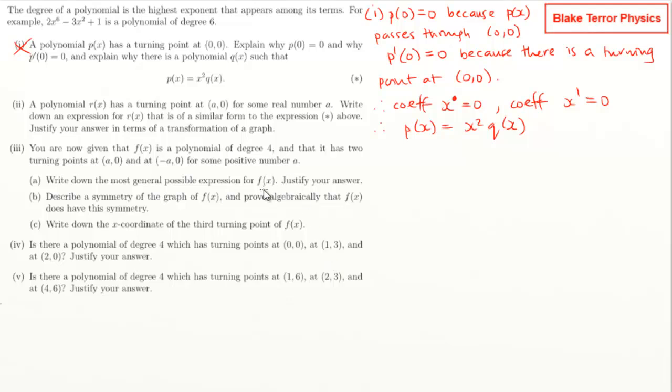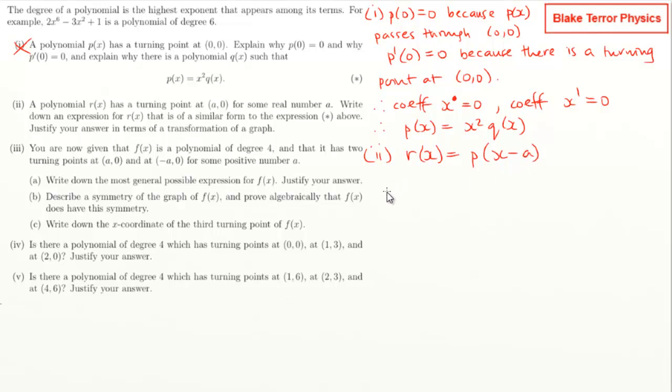So we can move our turning point then from (0, 0) to (a, 0). So we've moved it off to the left or right, but we're doing an x minus a on this, aren't we? So we can say r(x) equals p(x minus a).